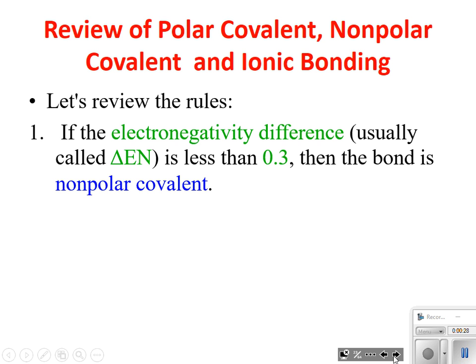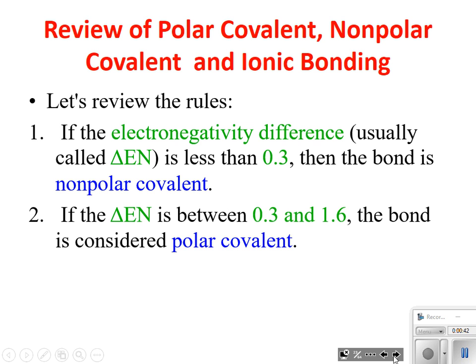If the difference was less than 0.3, it was a nonpolar covalent bond. Electronegativity differences of 0.3 to 1.6 were polar covalent bonds.